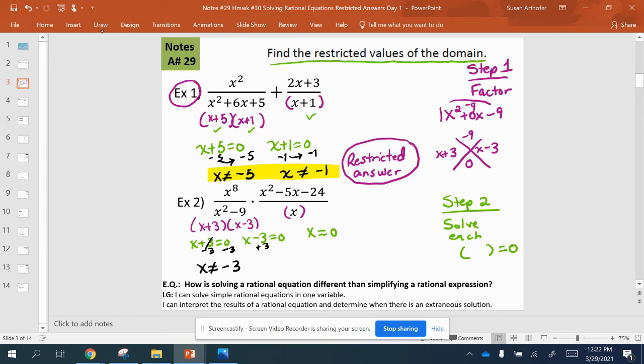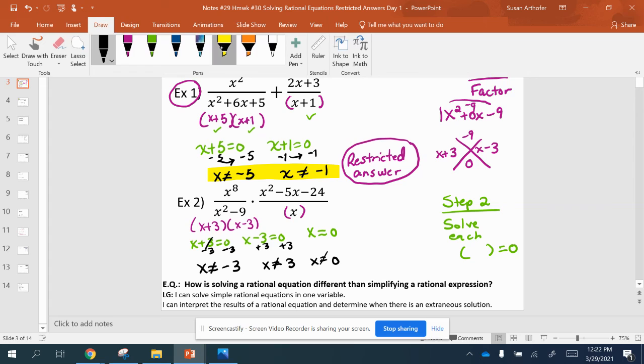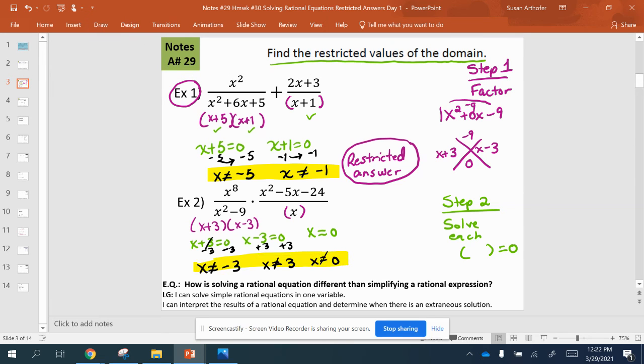This one we add 3 to both sides, so x cannot be equal to +3, and this one we just bring down. The x cannot equal 0. And we're done. This is what your homework is going to be like. These are what we call the restricted answers.